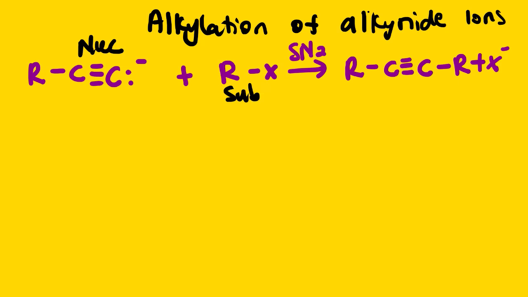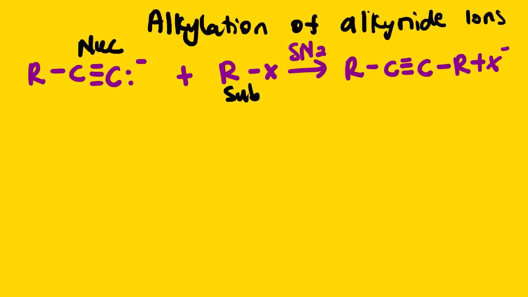The trend of SN2, or the substrate stability for SN2, is that methyl is more favorable compared to primary, compared to secondary, compared to tertiary. So we need a methyl halide or a primary alkyl halide in order for this synthesis to work best, since it favors SN2.